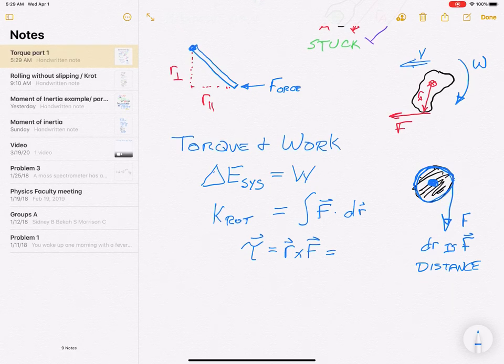We don't necessarily care which way, but it does need to be perpendicular. So we get R, F, and we get Z hat, and it's perpendicular to Z. Or Z if you're from Canada.